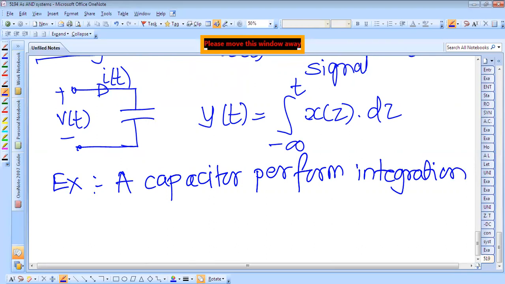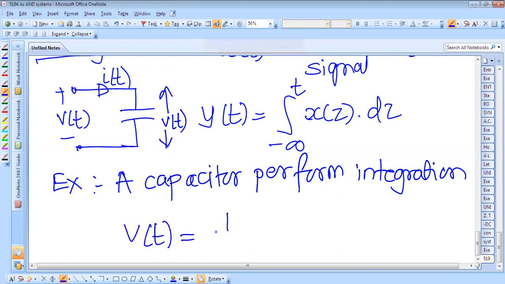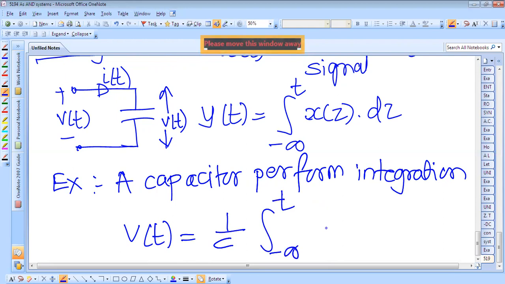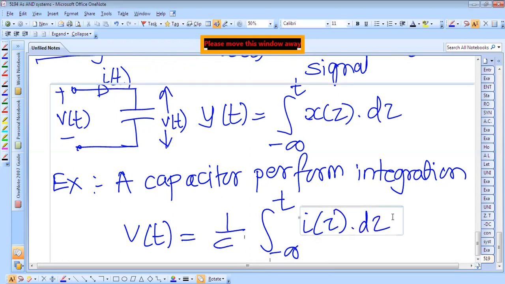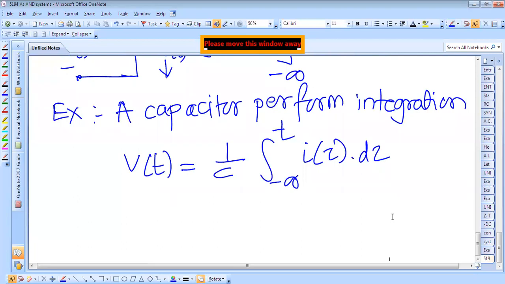Suppose the current flowing through the capacitor is I of t, and we have to find the voltage across this capacitor, that is V of t. So the output is V of t, and therefore it is 1 over C times the integration from minus infinity to t of I of tau d tau. So this capacitor performs the integration function.